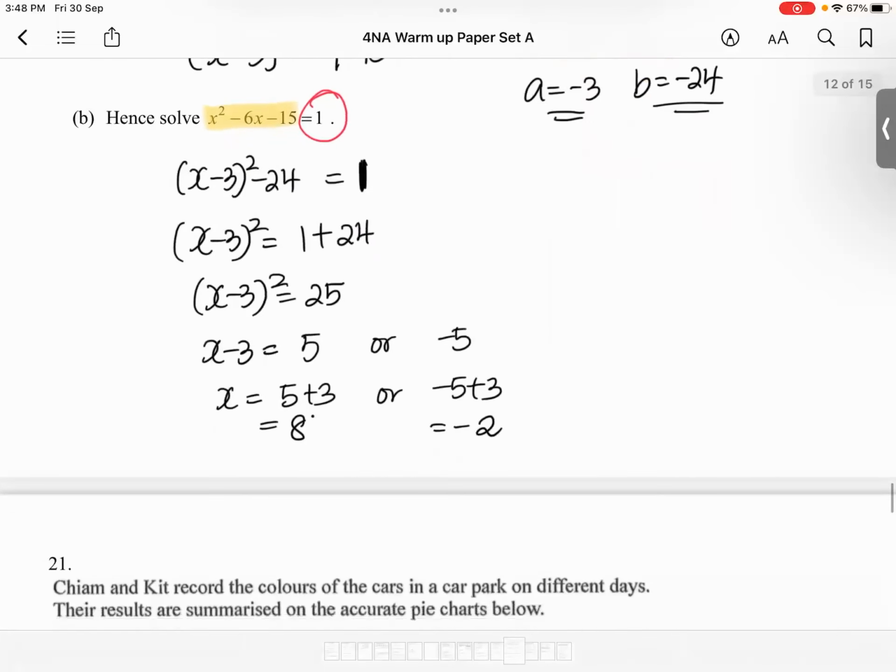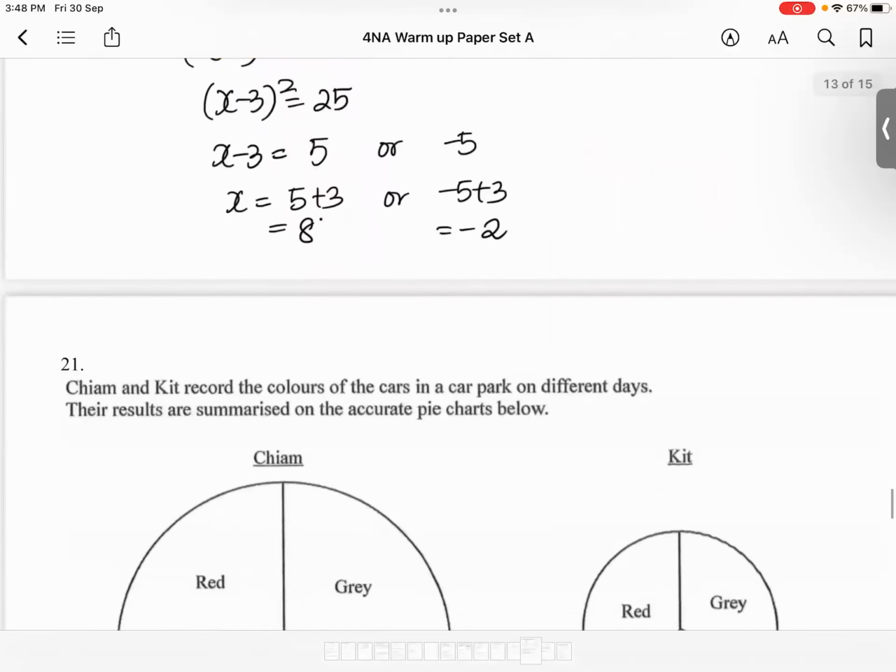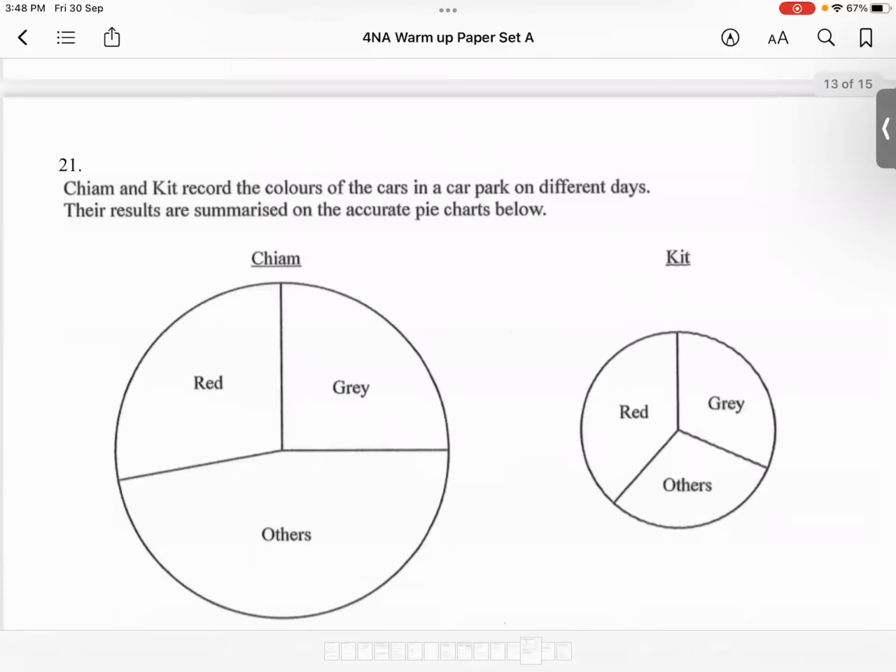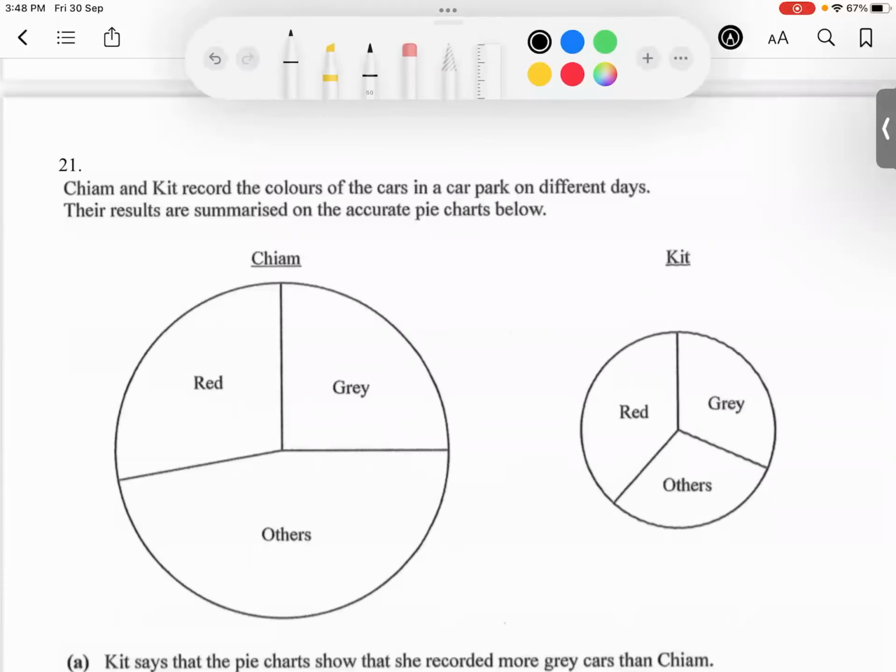Next question. Okay, this one is taken out from the T1S, exact same question. The results are summarized on an accurate pie chart, meaning I can measure with a protractor. But why did I choose this question?